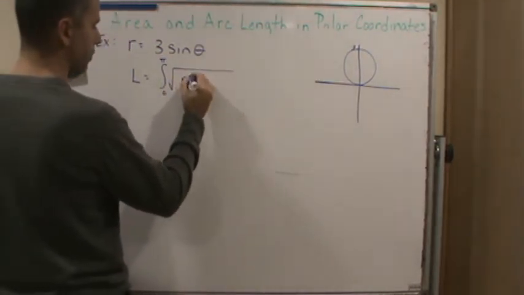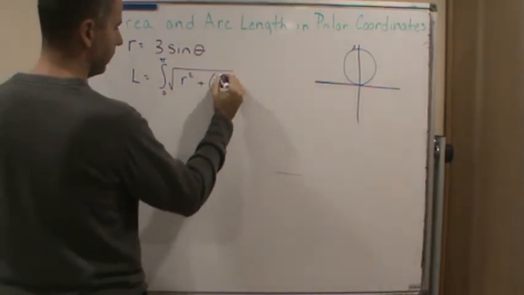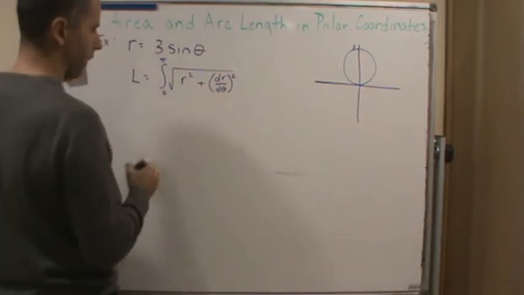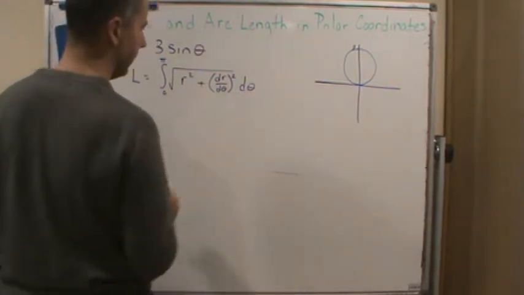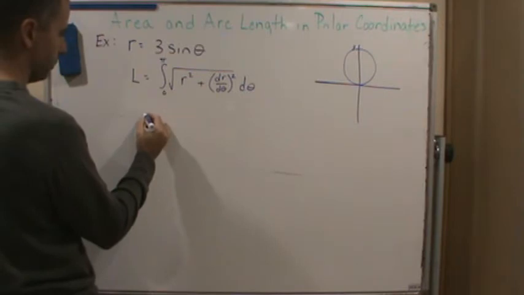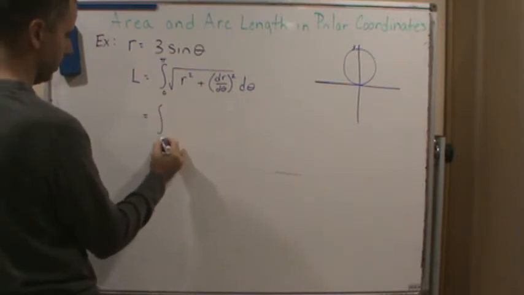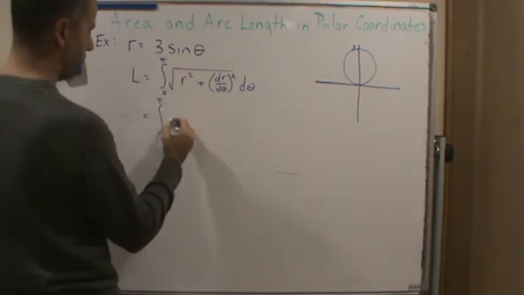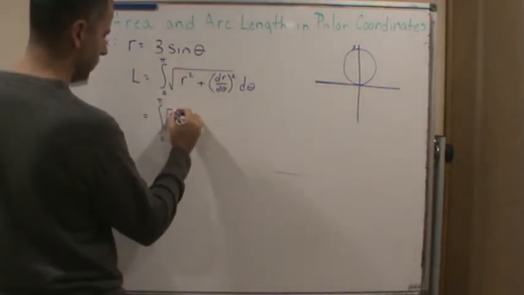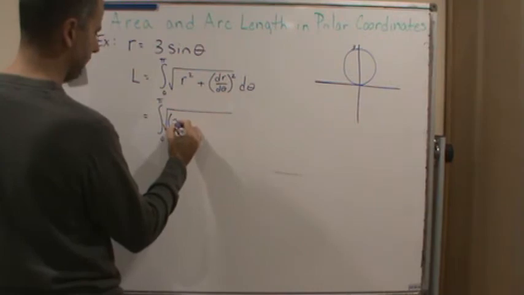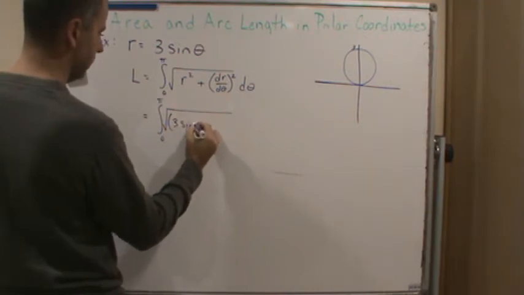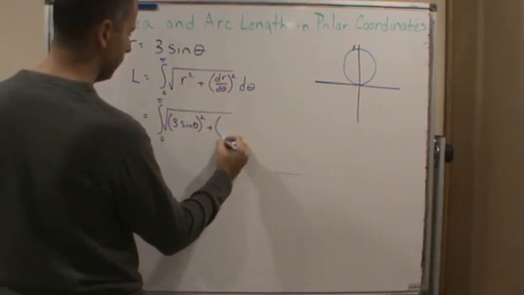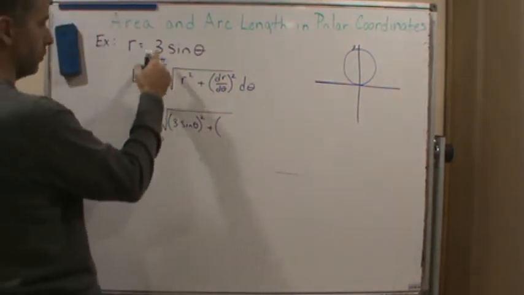It's going to be the square root of r squared plus dr d theta squared, d theta. So what is that equal to? That's going to equal the integral from 0 to pi of the square root of 3 sine theta squared plus, now the derivative of r is what?